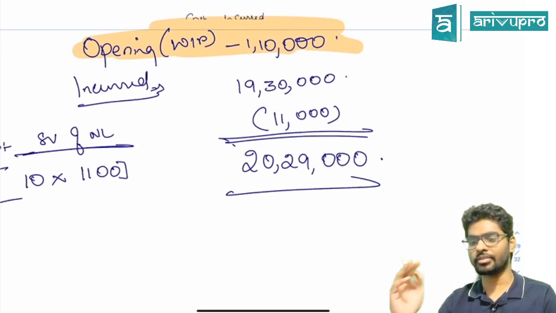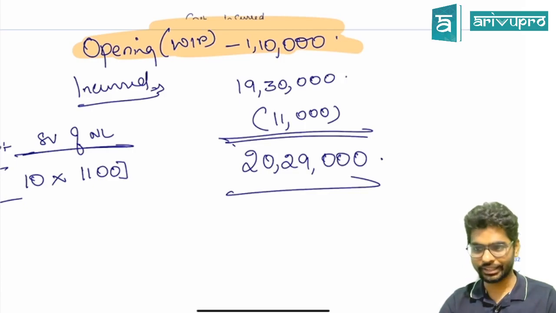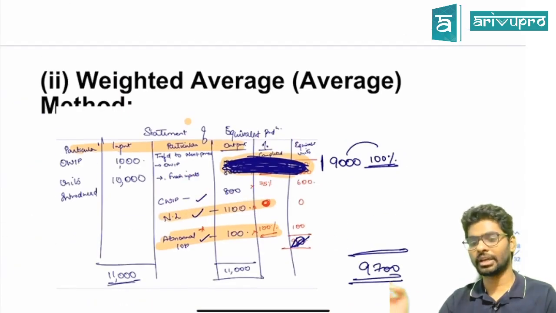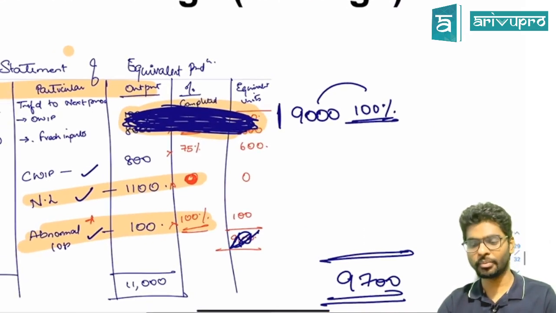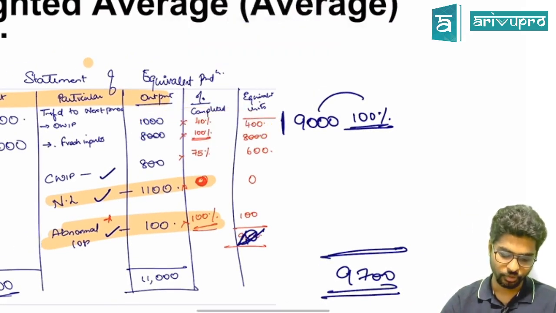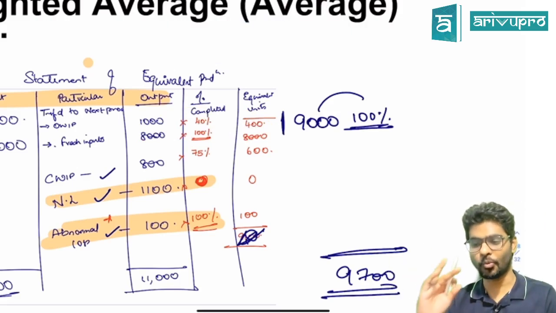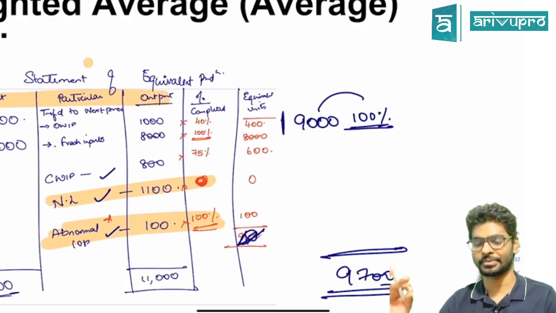Priyanka, under a FIFO method, right? My cost, okay, 9,700. Priyanka, in this one, when we did the FIFO method, we just took 40% of the opening inventory and 100% of the units introduced this year.